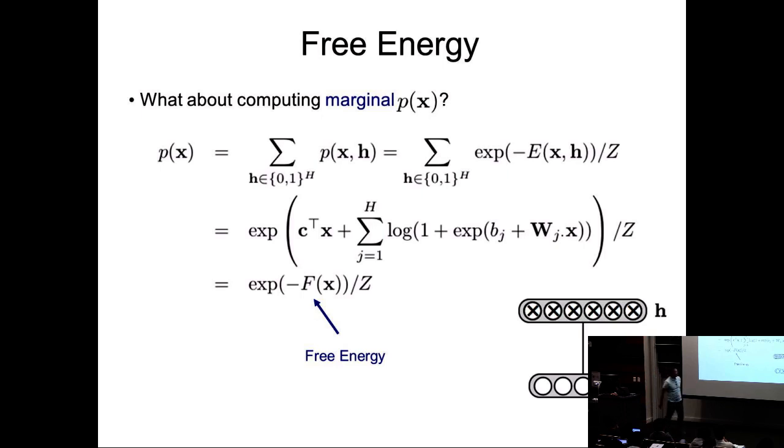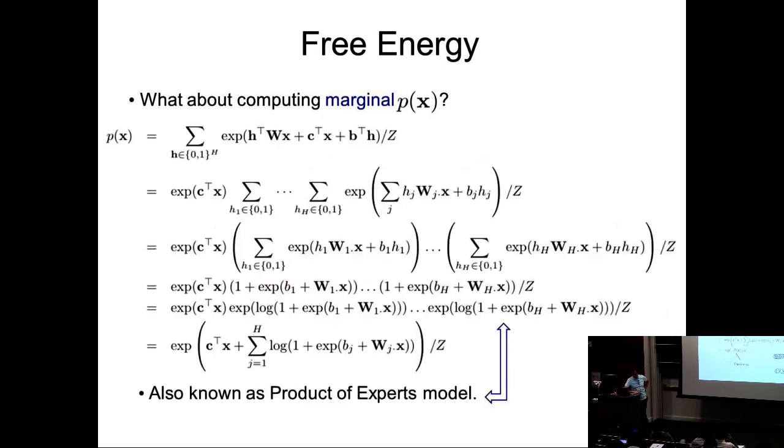We'll see later how we use free energy, in particular for evaluation of these models. Oh, actually, sorry, I thought I didn't give you the derivation, but apparently there is one. So here's the derivation of how to compute the free energy.